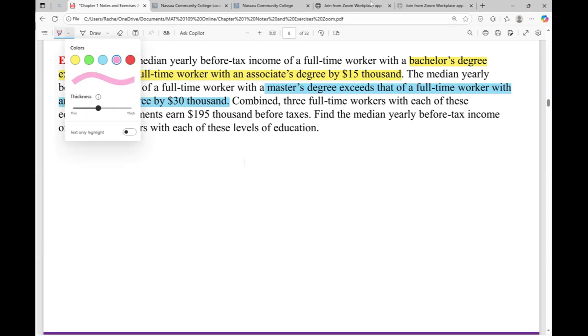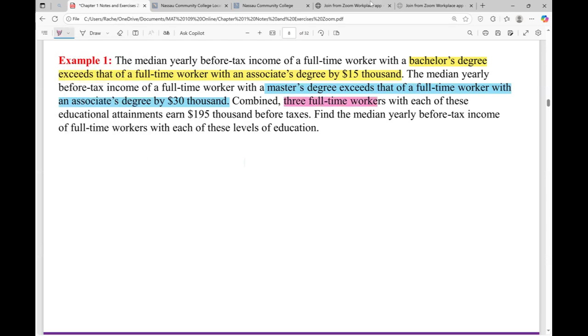Now, combined, these 3 different types of full-time workers earn 195,000, and of course, before taxes. So the question is, what's the income of each one of these full-time workers with that particular level of education? So a bachelor's degree earns 15,000 more than an associate's. And then a master's degree exceeds that of a full-time worker with an associate's by 30,000.